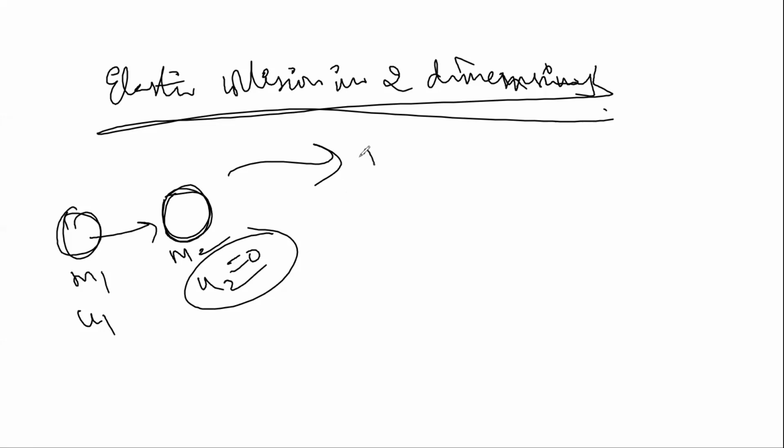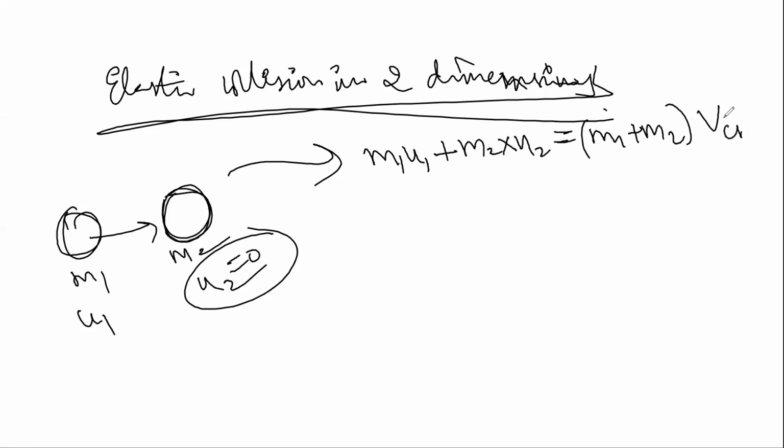I have conservation of momentum: m1u1 plus m2u2 equal to, in the center of mass frame of reference, m1 plus m2 into vcm. This is the velocity of center of mass, as I told you when I was teaching center of mass. The total momentum of the system is the entire mass combination into the velocity of the center of mass.